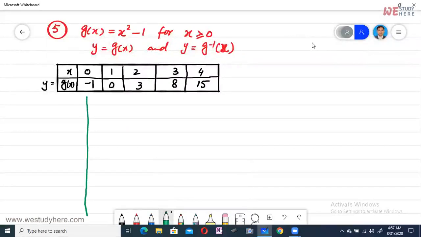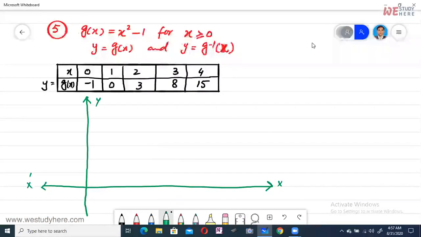This is the x-axis, y-axis. Positive x, positive y. This side is negative x and downward is negative y. Then we'll mention the points. First point is 0, minus 1: x is 0 and y is minus 1, downward here.